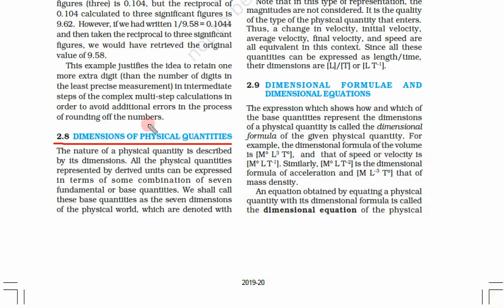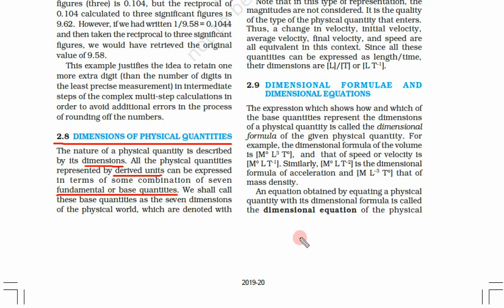So now we are going to learn about dimensions. The nature of a physical quantity is described by its dimensions. Why these dimensions are important, we will see in a minute. All physical quantities that can be represented by derived units or any units can be expressed in terms of a combination of several fundamental base quantities.